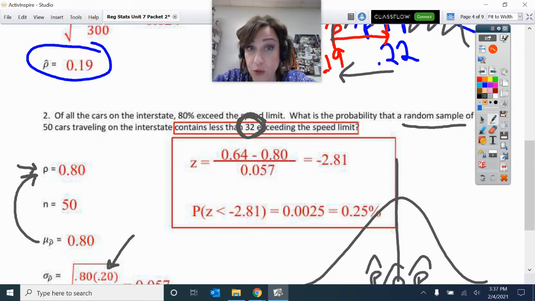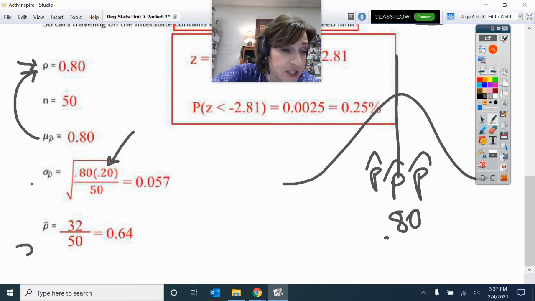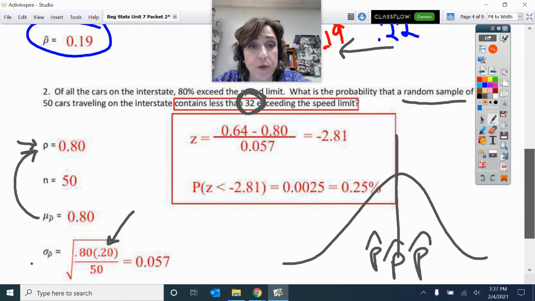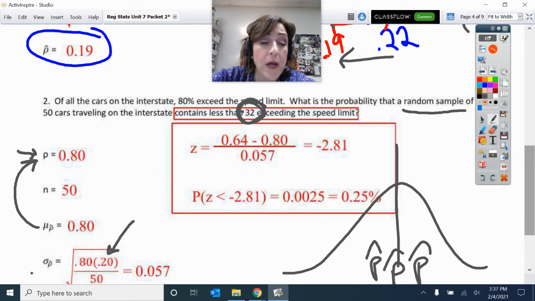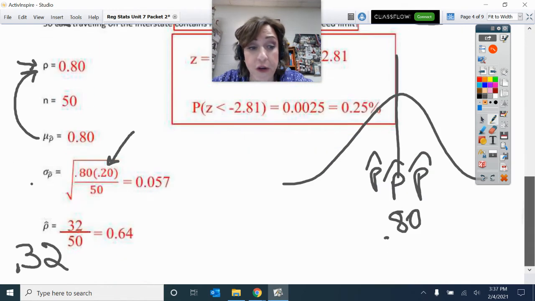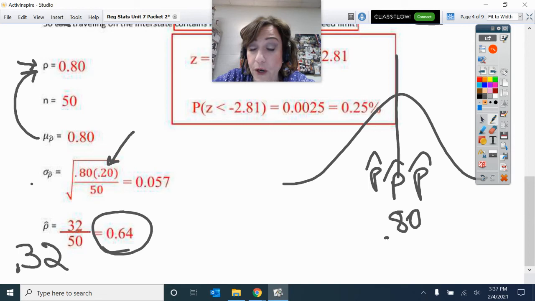So do not think that this answer here is just 32, nor is it 0.32. No, that 32 is 32 out of 50. That's how you get that proportion. 32 out of 50 is 0.64.